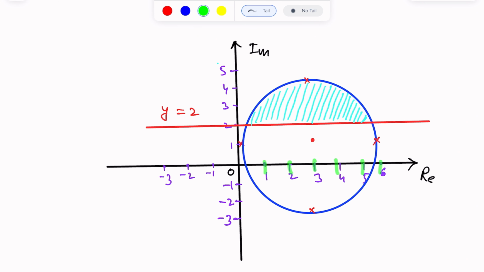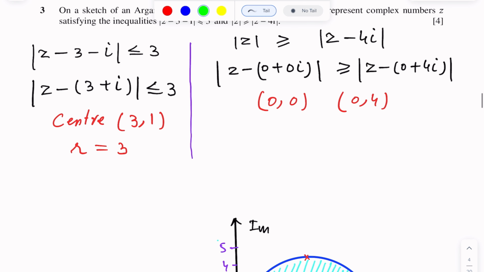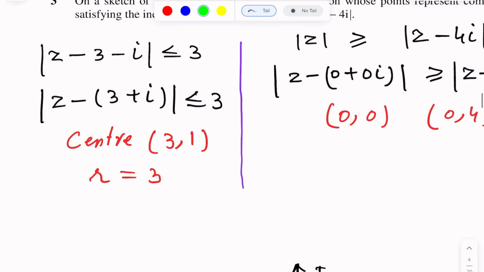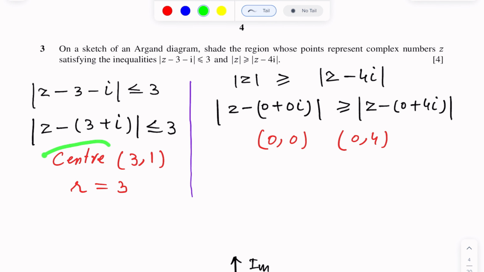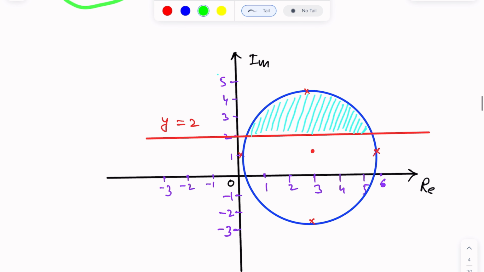Numbering. Now, the center of the circle, first we locate this point. Center of the circle is (3, 1), radius is 3. We make the Argand diagram. Center is (3, 1). This is the center of the circle.